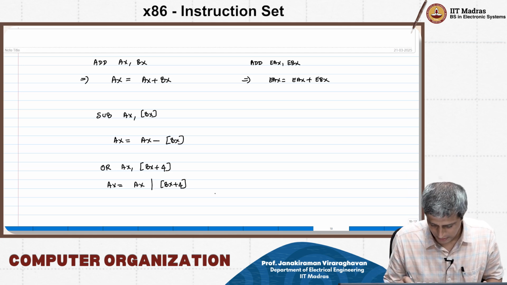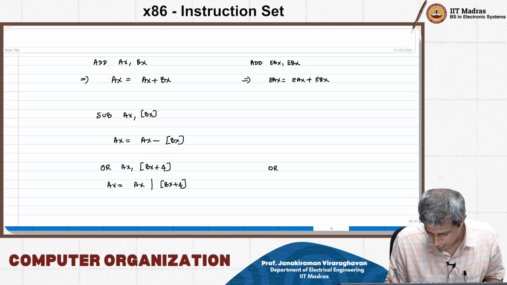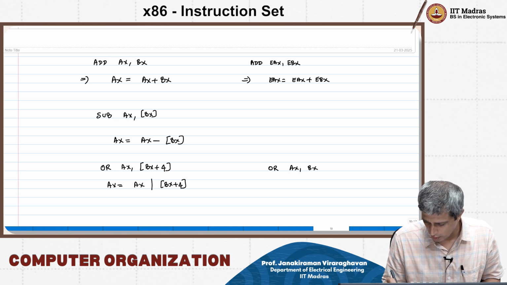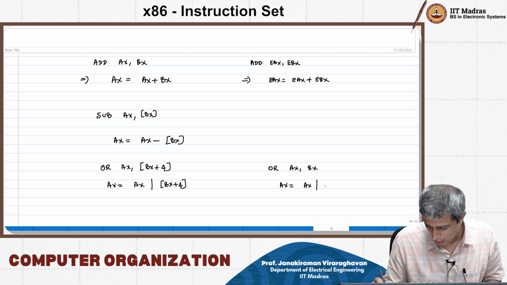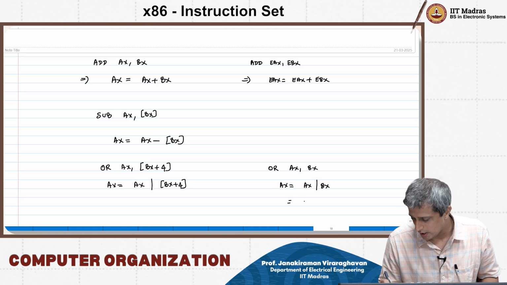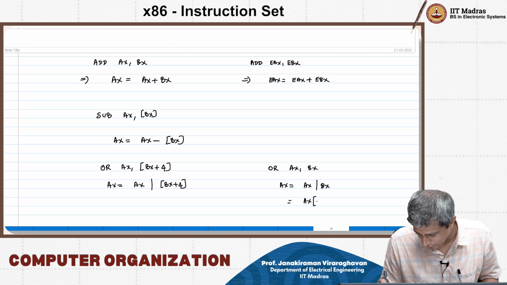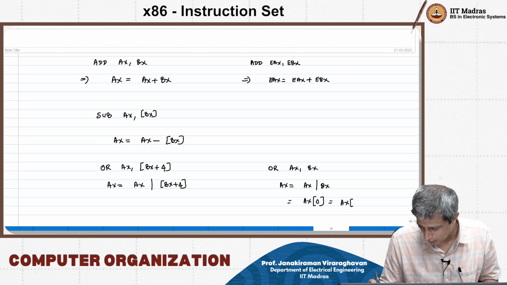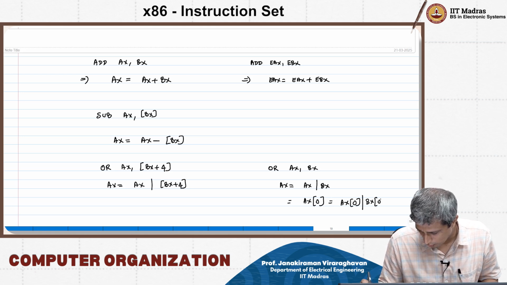So when we say, for example, OR AX comma BX, this is going to say AX destination is AX OR BX. What does this mean? It means bit 0 of AX is equal to bit 0 of AX OR bit 0 of BX.